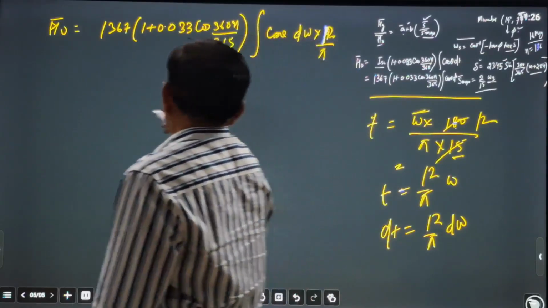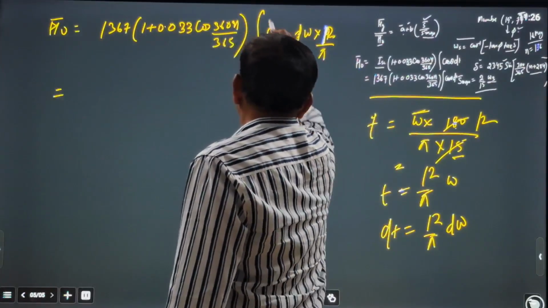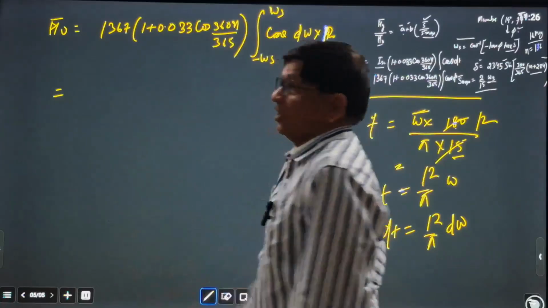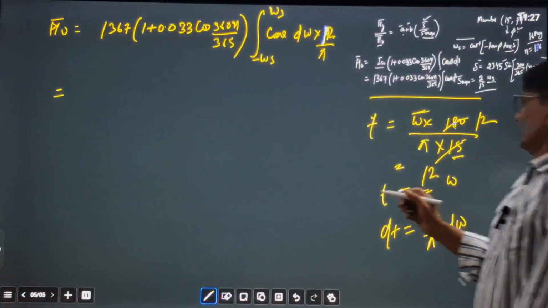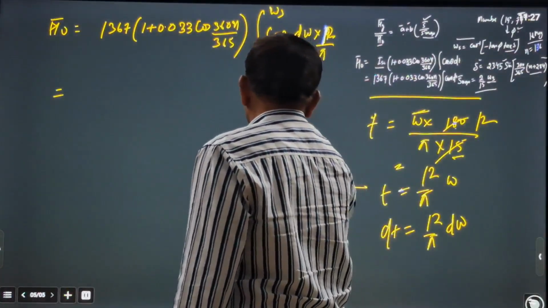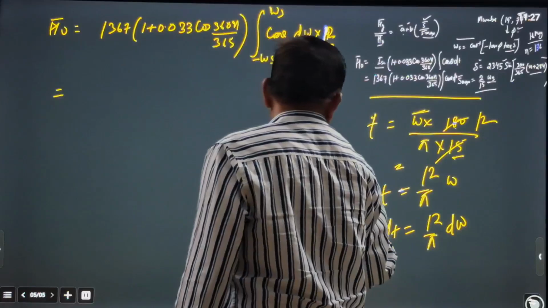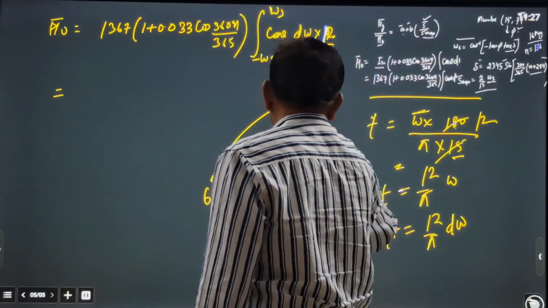So 12 by pi you put forward, and the equation goes from minus omega s to omega s. Then now it is integrable, minus omega s to plus omega s, because you know that from 6 a.m. to 12 p.m. to 6 p.m., here the time is 90 degree and again 90 degree.